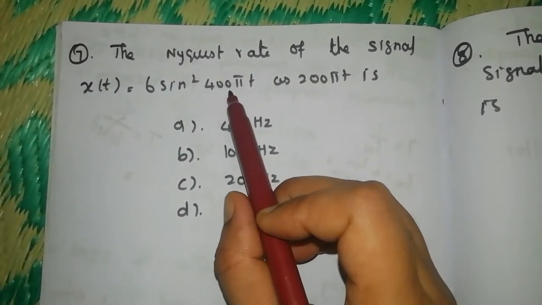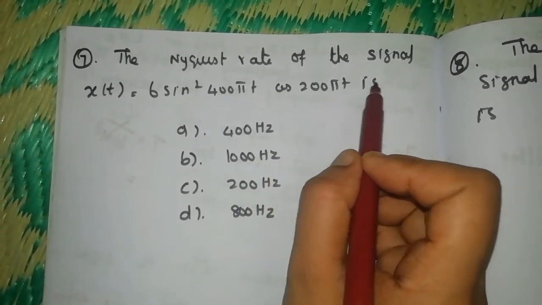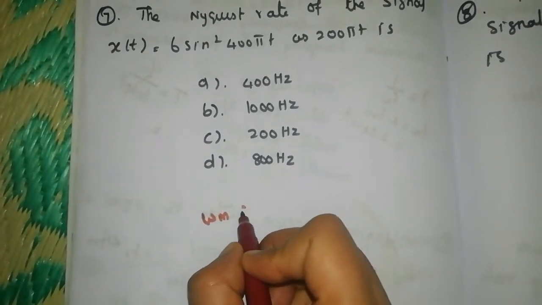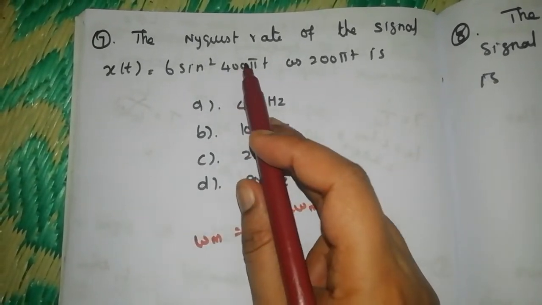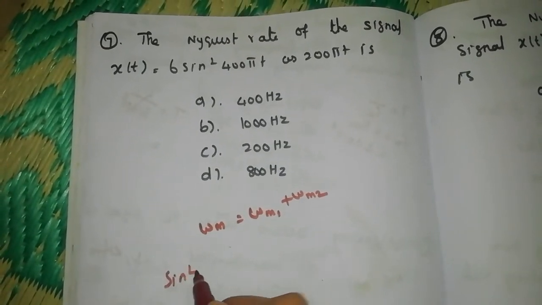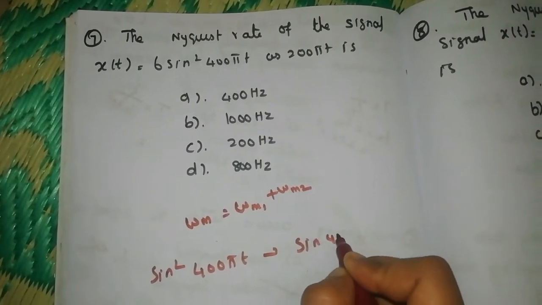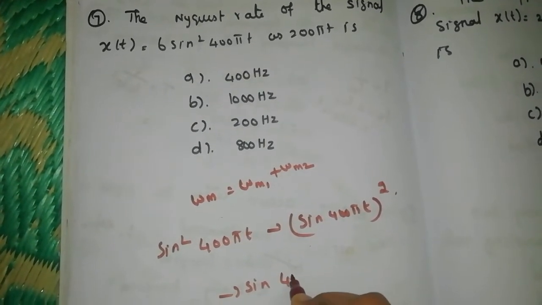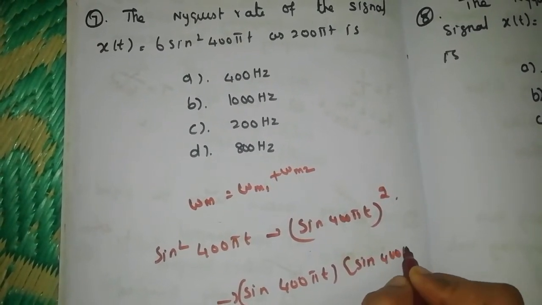Nyquist rate of the signal x of t is equal to 6 sin squared 400 pi t into cos 200 pi t is, and here there is multiplication, so we have to find the maximum frequency as omega m1 plus omega m2. Here this is sine square, and sine square 400 pi t can be written as sine 400 pi t the whole square, otherwise sine 400 pi t into sine 400 pi t.